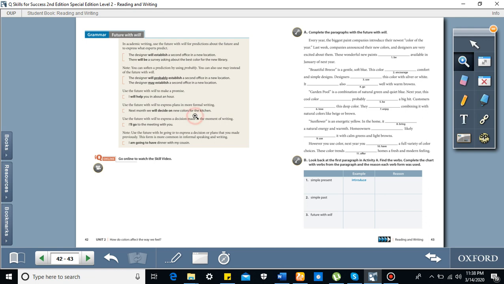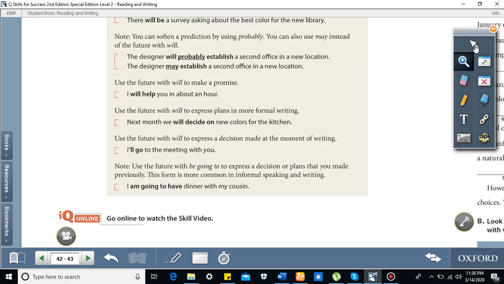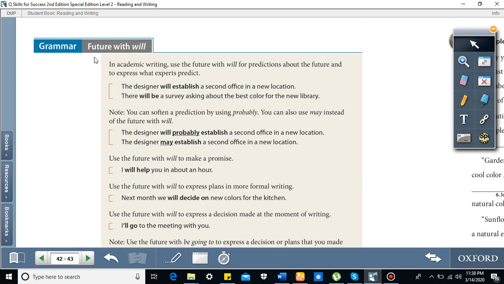Basically, we can use will for the future. So whenever you want to talk about the future, you can safely use will for that particular sentence.